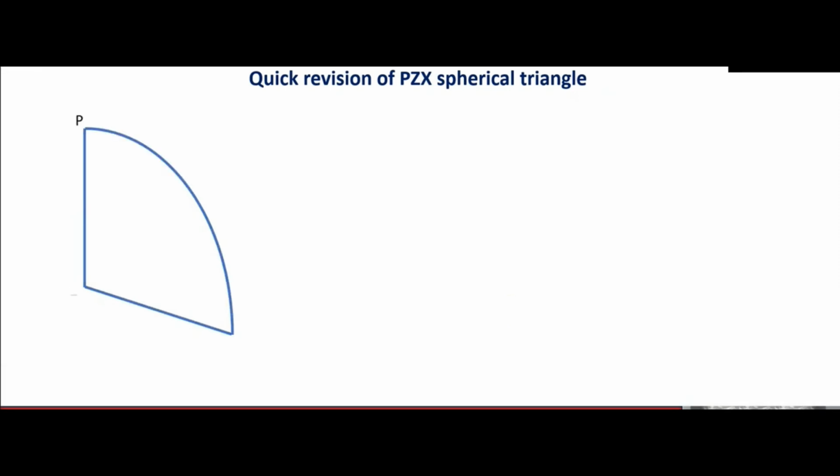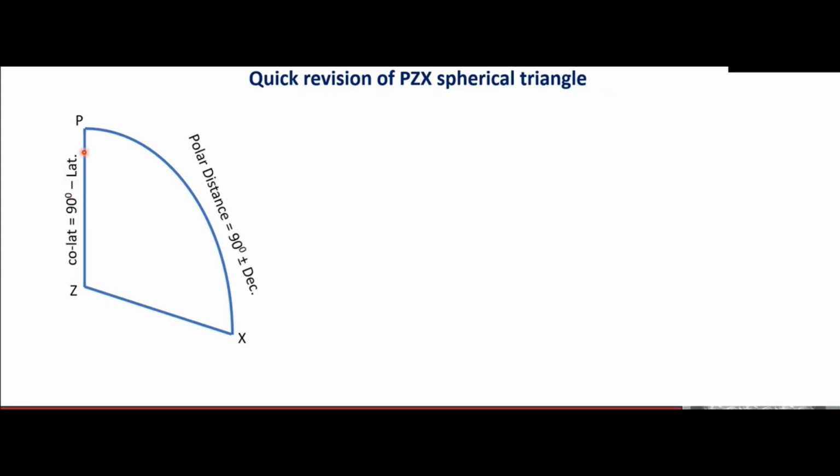We have all seen this PZX triangle many times, in which P represents the celestial pole, Z represents the observer's zenith, and X represents the celestial body. Side PZ, the arc of the observer's celestial meridian, is called the colatitude and is always equal to 90 minus the latitude of the observer.